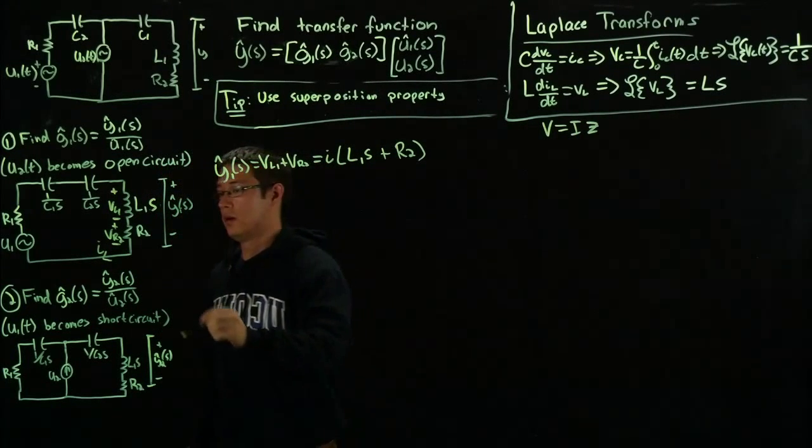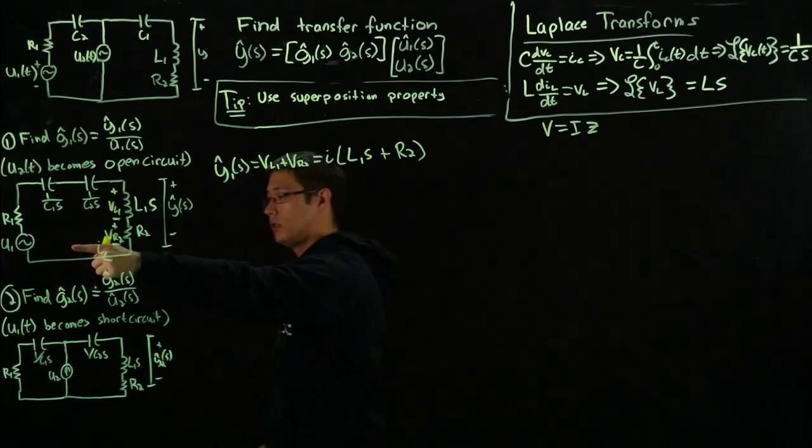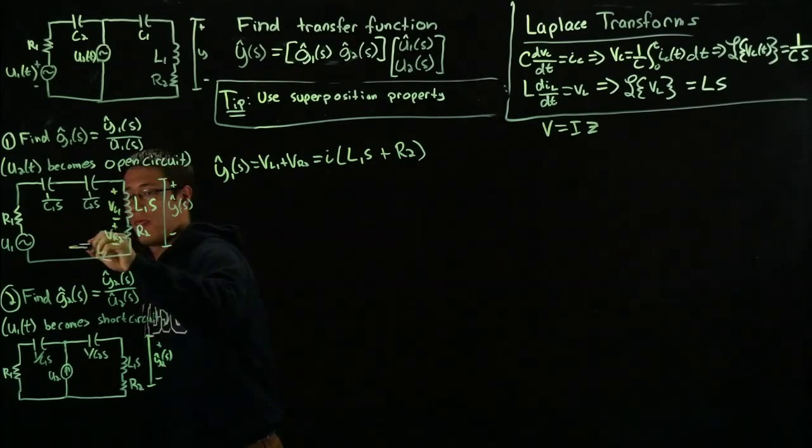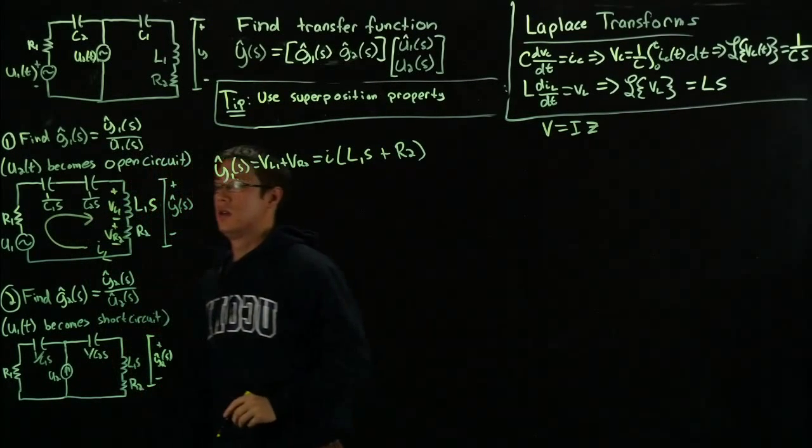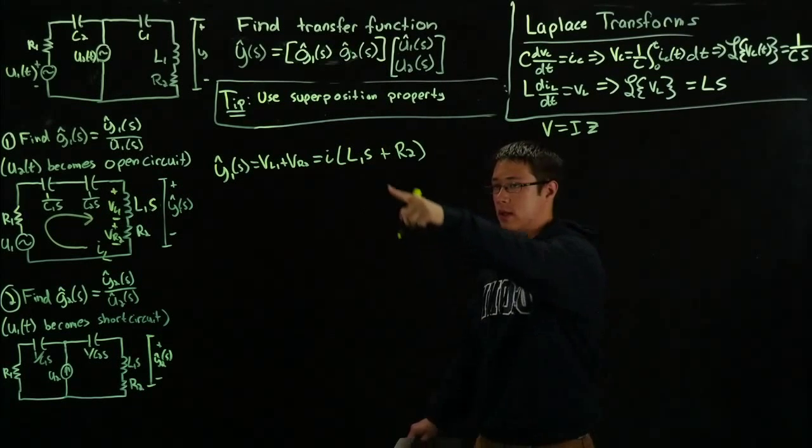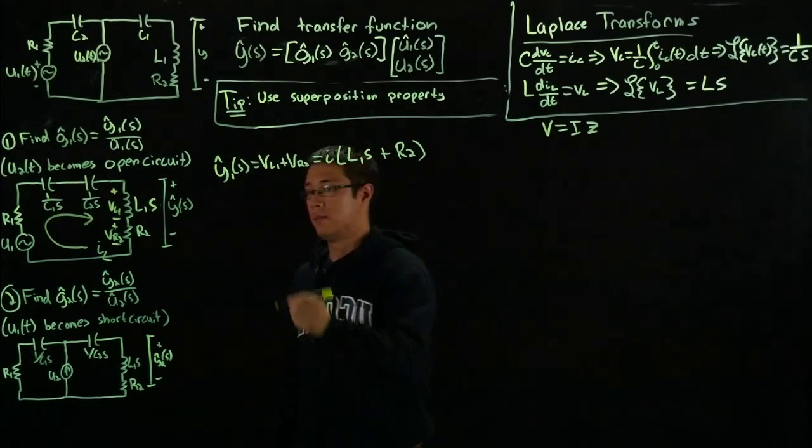Well, if you look here, you just have a voltage source, U1, and one single loop. That means we can find I quite easily.